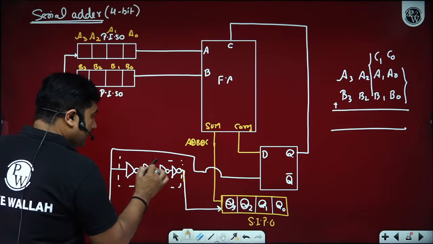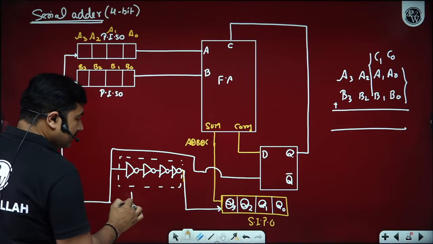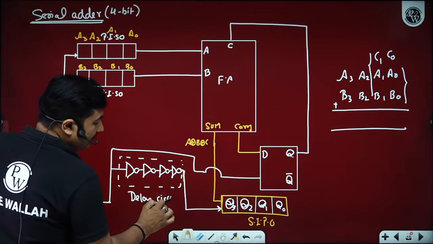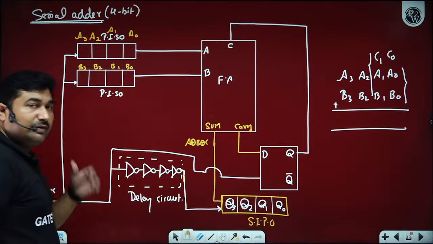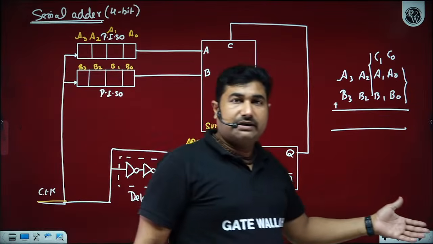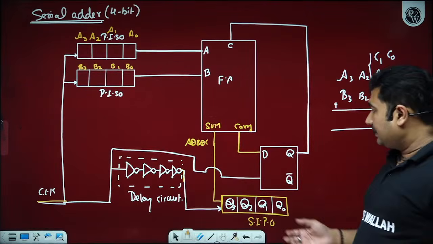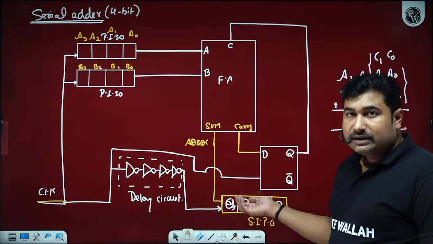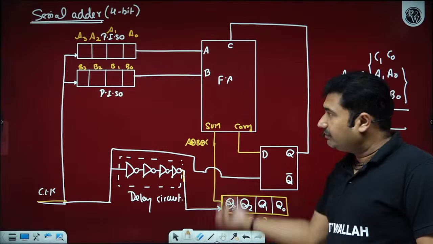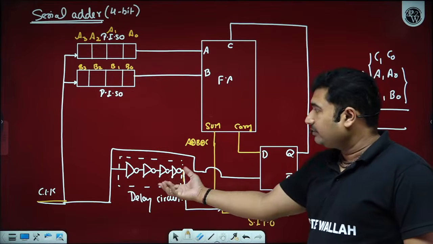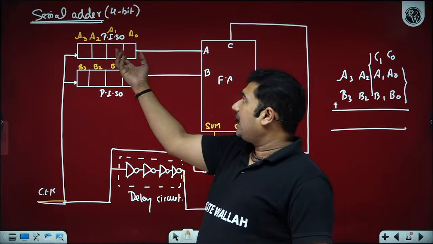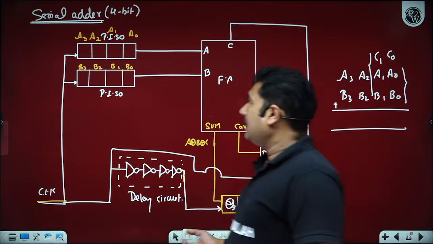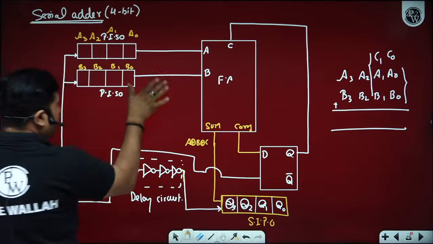The purpose of the delay circuit is that before the next addition is done, the data gets stored on the flip-flop, and this happens after the addition is performed. So the delay circuit will have the delay required for the addition of the full adder, as well as the shift operation that needs to be performed here.